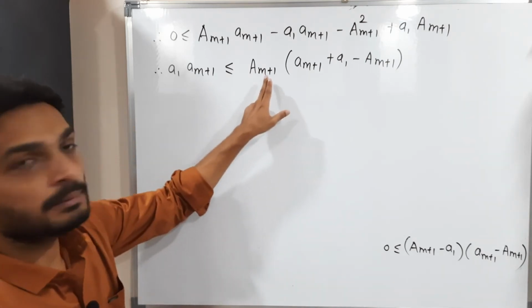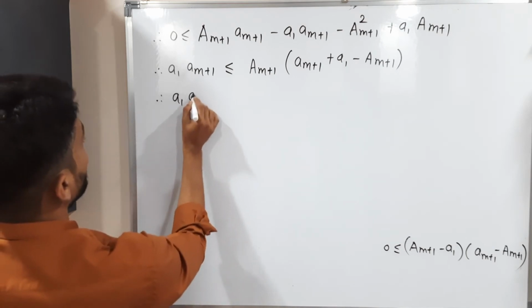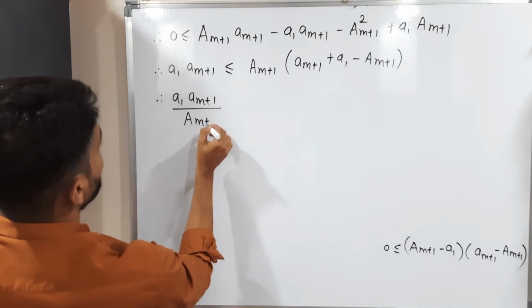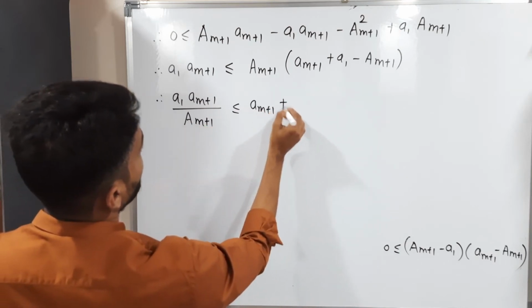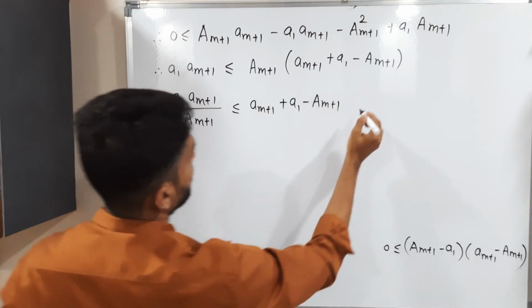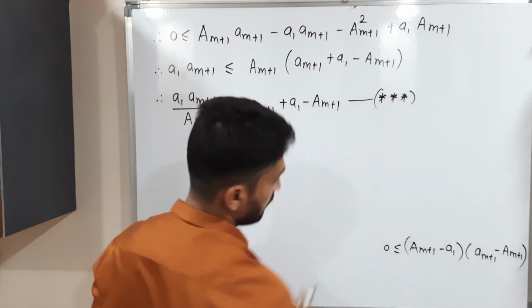So there is multiplication. If you shift it here, there will be division. So therefore, a1 A(m+1) divided by a(m+1) less than or equal to A(m+1) plus a1 minus a(m+1). Equation triple star. A very important thing we have got here.